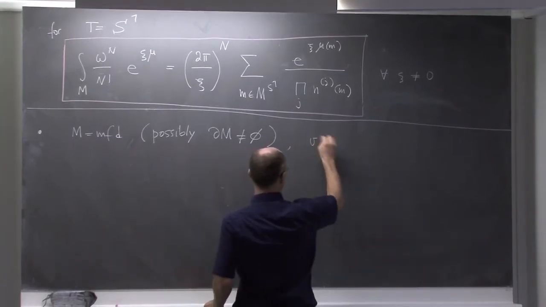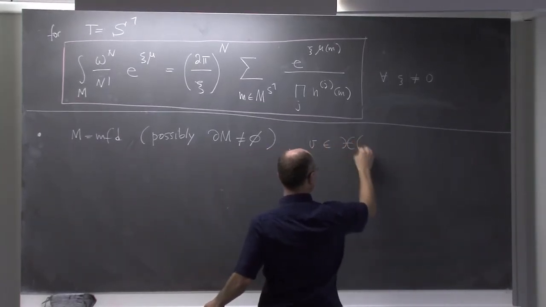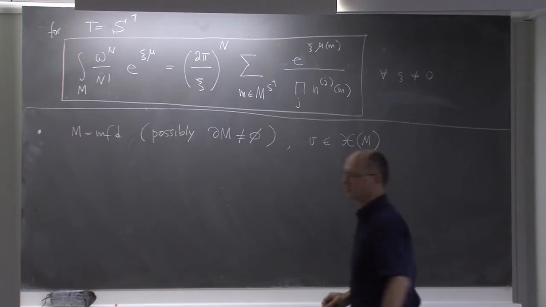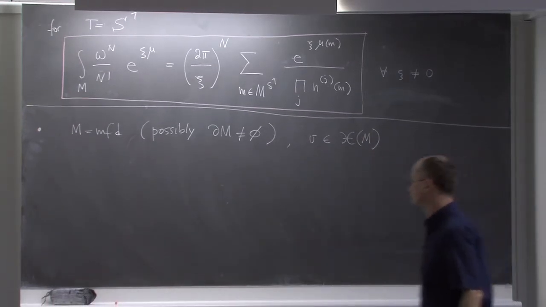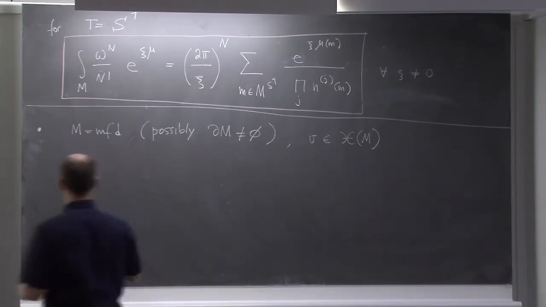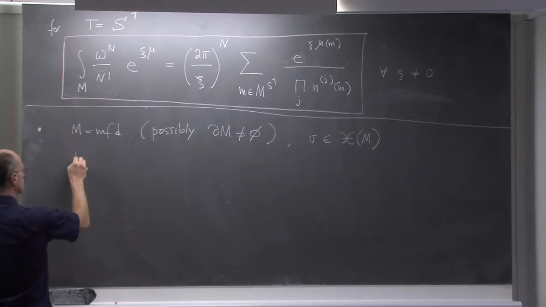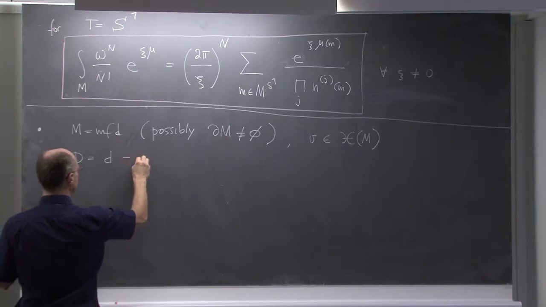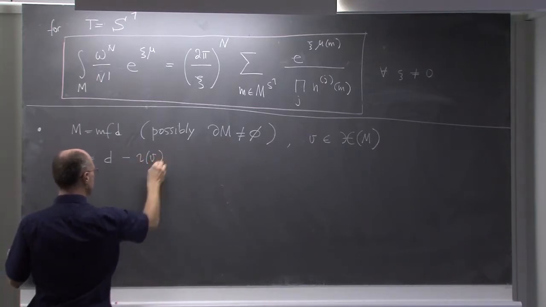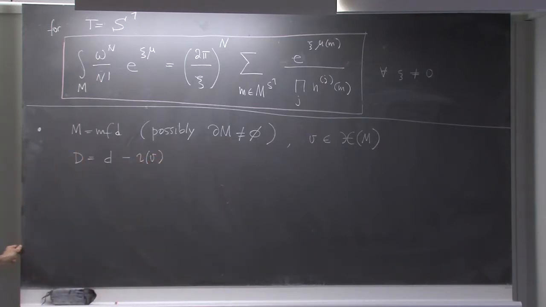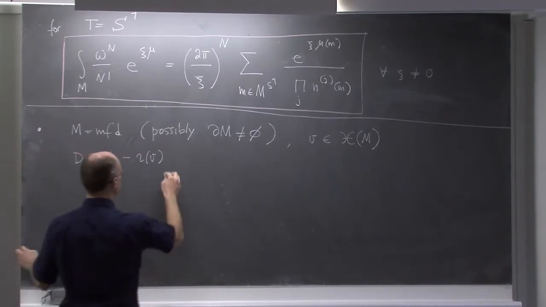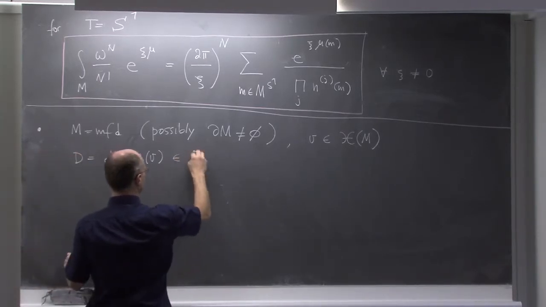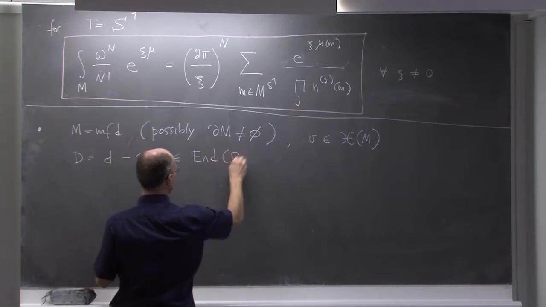And let's take V, a vector field on M. And let's consider the following operator. Capital D, it will be the de Rham differential minus contraction with the vector field V. And, well, this is an operator.